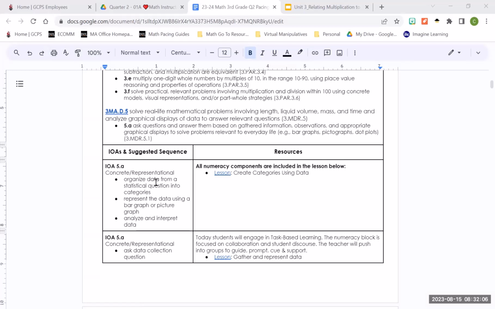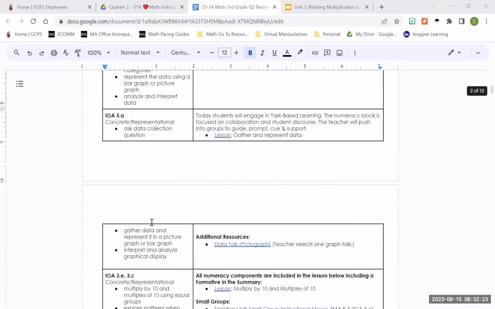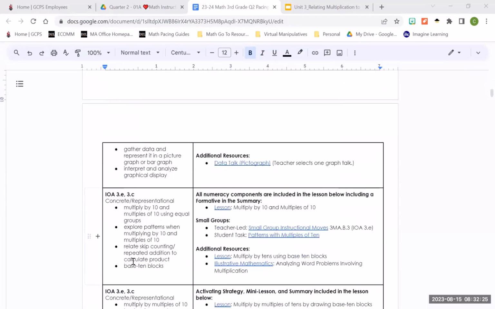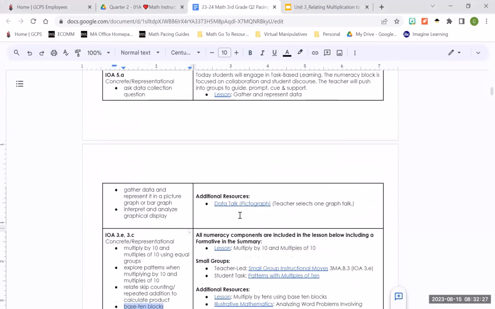As a reminder, the left column of the pacing guide will list the learning progression of the AKS and IOAs through concrete, representational, and abstract strategies. The bullets here also indicate the learning objectives for the day as well as suggested manipulatives.